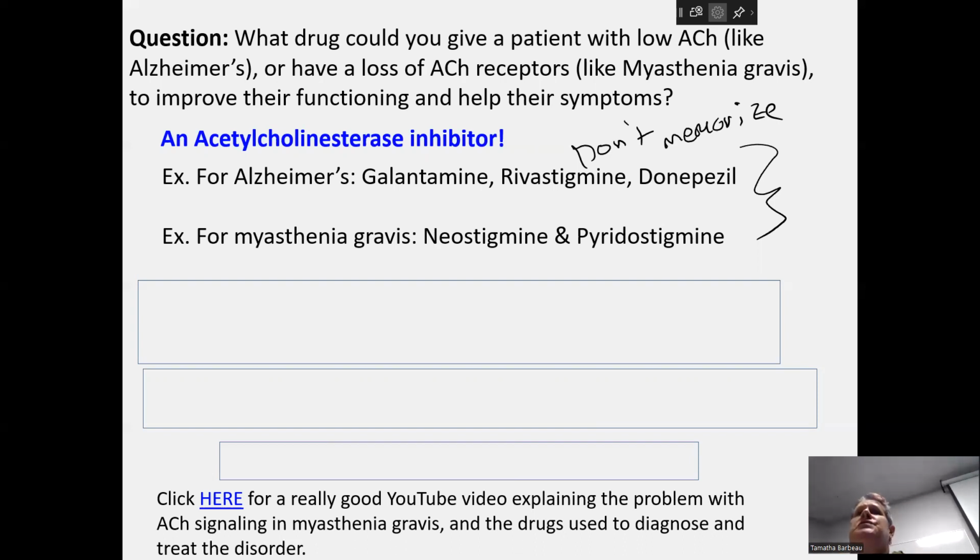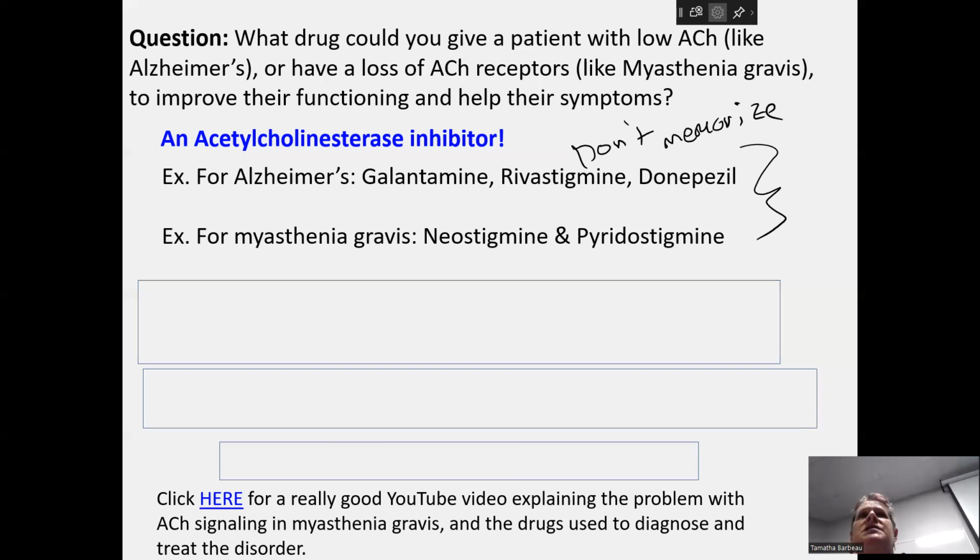Now, do you think these drugs, like any drugs, come with side effects? Yes, if you take Tylenol, it's got side effects. Read the bottle. Anything you take has side effects. So you are trying to improve skeletal muscle function by providing more acetylcholine in the synapse with those muscles because they've lost receptors. Do you think it's just going to increase acetylcholine in the receptors with skeletal muscles? Do you think it would increase acetylcholine in the receptor on the heart muscle?